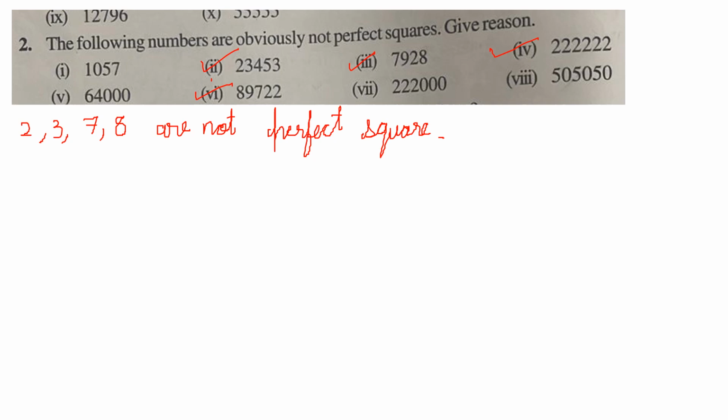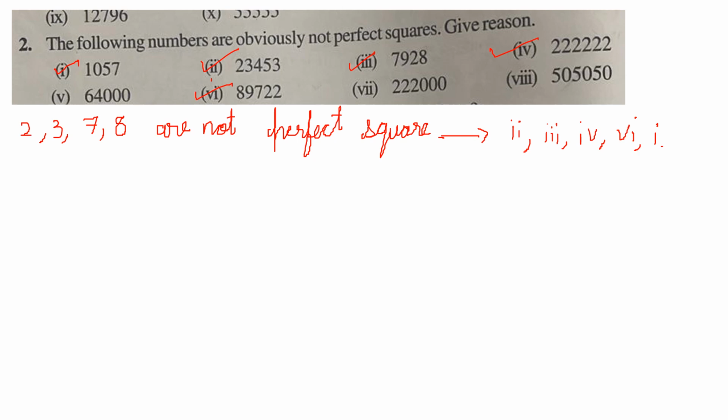So for all these options, the reason is this: any natural number ending with 2, 3, 7, 8 is definitely not a perfect square. So that is the reason why the numbers given in questions 2, 3, 4 and 6 are not perfect squares. And even the first one, because it is ending with 7. So for the remaining numbers, you can see there is a pattern.